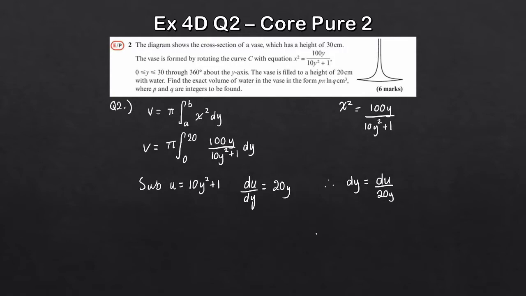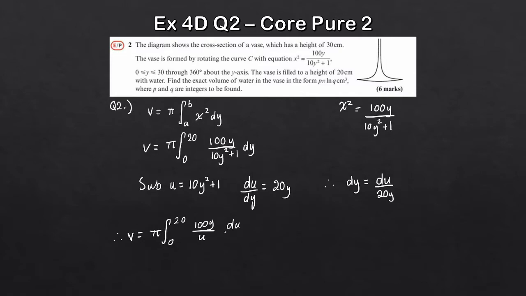And at this point here, we just need to start substituting in. So V is equal to pi times the integral from 0 to 20 of 100y divided by 10y squared plus 1, but we know 10y squared plus 1 is u, so it's 100y divided by u, and we can then substitute dy here as du over 20y.